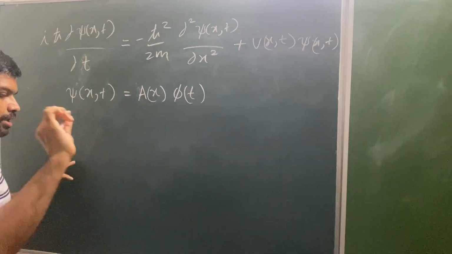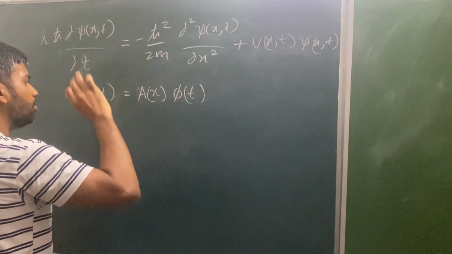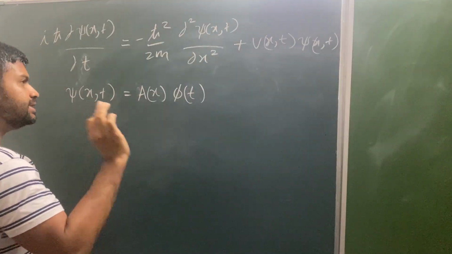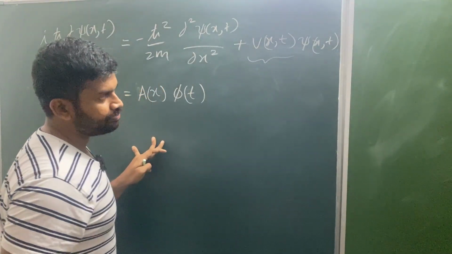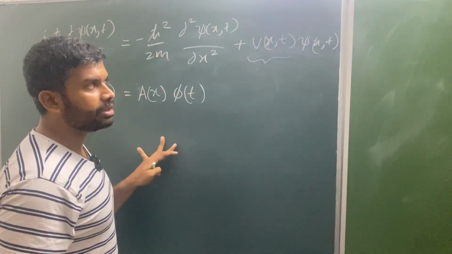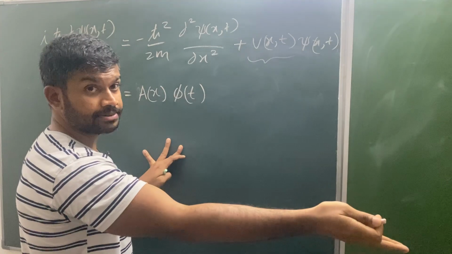I'm going to let you know in advance that you can only write separable solutions like this, guys, when this V, which is the potential, doesn't depend on time, when it is a function of x, in fact.